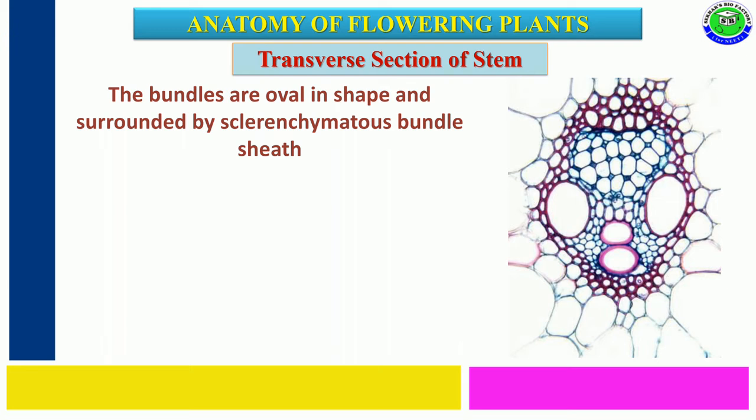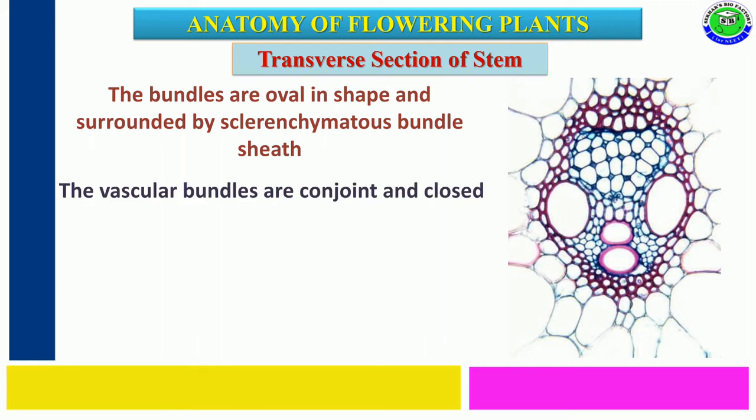Each vascular bundle appears oval in shape and is surrounded by a sclerenchymatous bundle sheath, which provides mechanical support. The vascular bundles are conjoint and closed type.